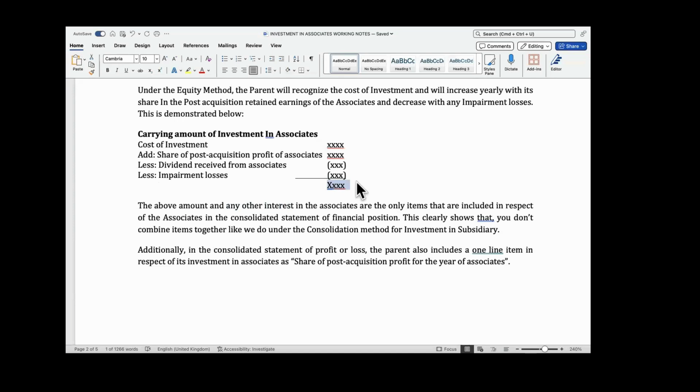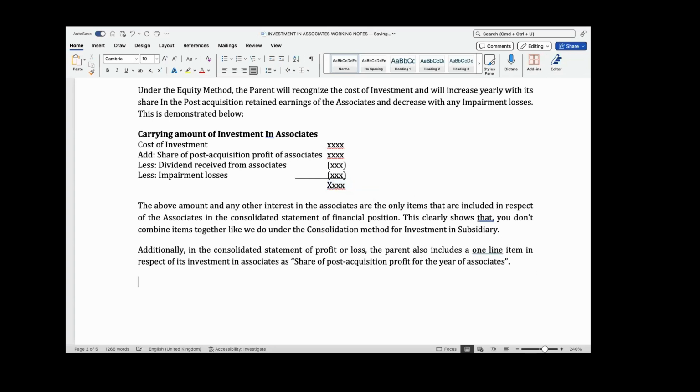So you don't combine items together like we do under investment in subsidiary. And also, in the consolidated statement of profit or loss, the parent includes just one line item in respect of investment in associates as share of post-acquisition profit for the year of the associate. And that is all included in the statement of profit or loss.